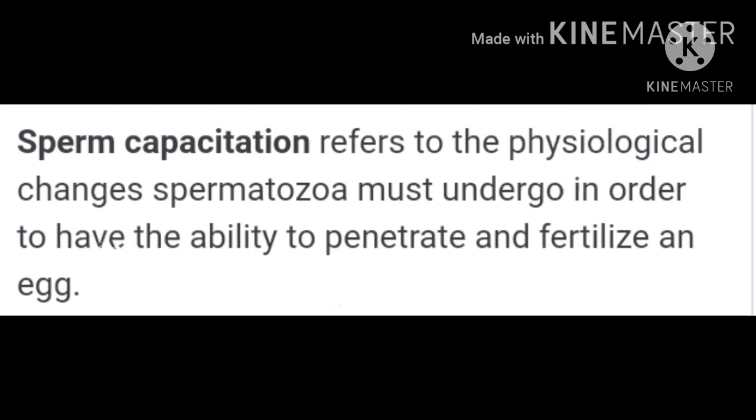What do I mean by sperm capacitation? In order to penetrate and fertilize an egg, the sperm must undergo certain physiological and biochemical changes. These physiological and biochemical changes undergone by spermatozoa to gain the ability to penetrate and fertilize an egg are called sperm capacitation.